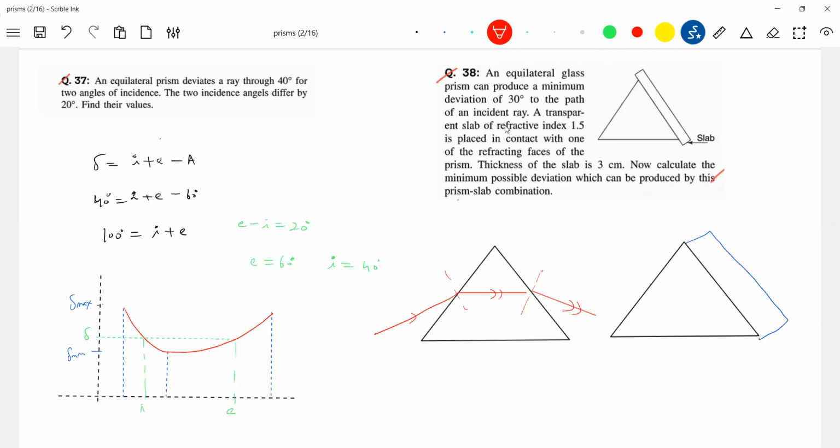This diagram may appear a little different, but the idea will be the same here. So here it will undergo refraction, everything. So finally it will come out. So if you calculate the deviation part, these two deviations will be the same.